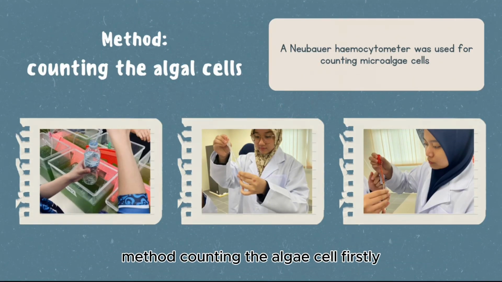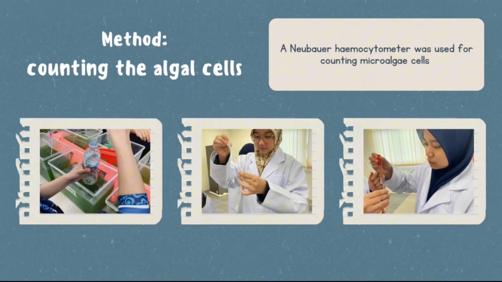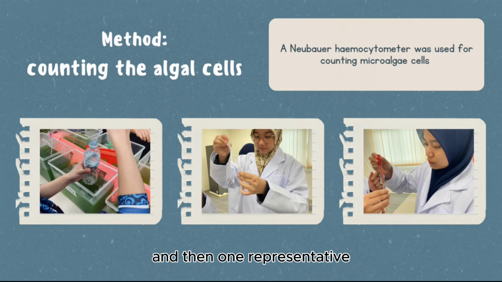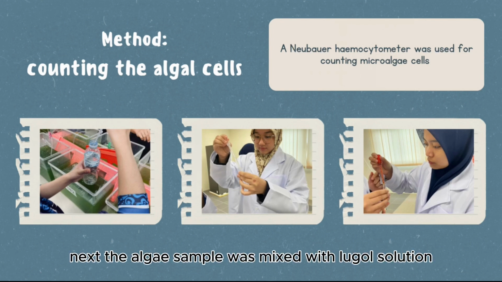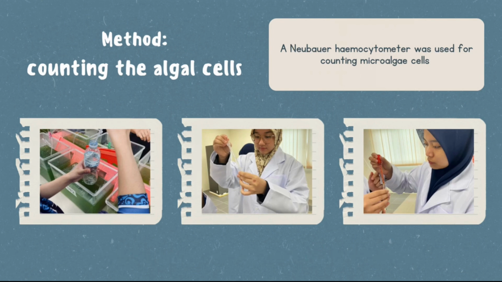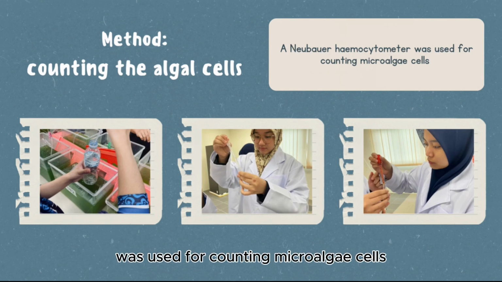Method: counting the algae cells. Firstly, the algae sample was taken from the hatchery and then one representative will send the algae sample to the laboratory. Next, the algae sample was mixed with a solution before we observe the algae under the microscope. A Neubauer hemocytometer was used for counting microalgae cells.